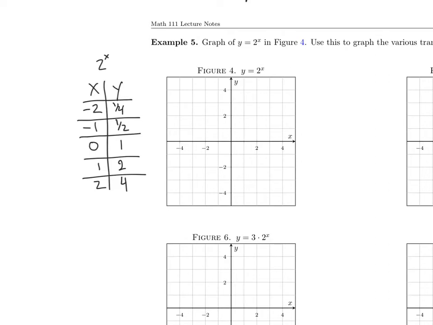So if I was to graph this, I'm going to start by plotting the points. This would go over here. Half, a fourth. And when we connect our points, we're going to notice that we get really close to 0, but it's never going to be quite equal to 0, also known as an asymptote.